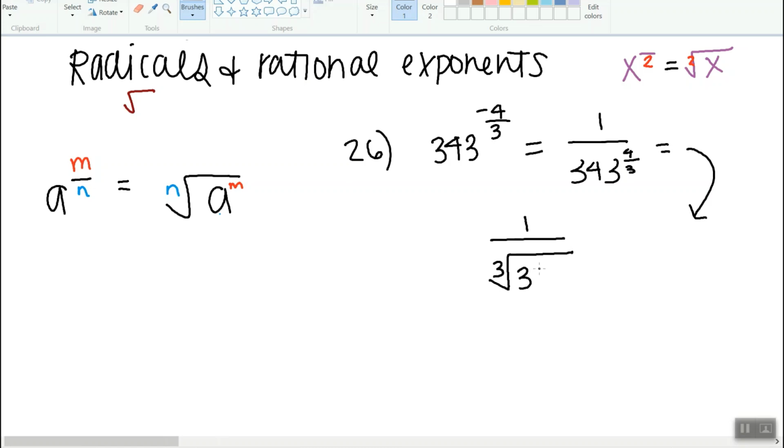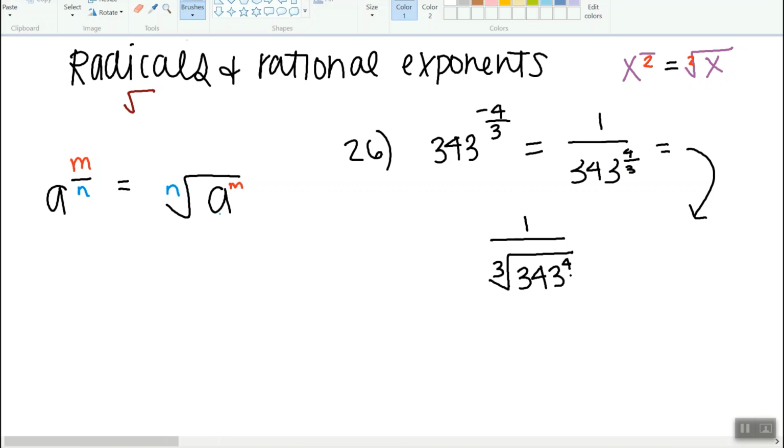My 3 becomes my root, and the 4 is the exponent here. All right, so to simplify this even further, we're definitely going to want a calculator, because to try to find 343 times itself 4 times and then find the cubed root of that is going to be really, really difficult to do in our heads.